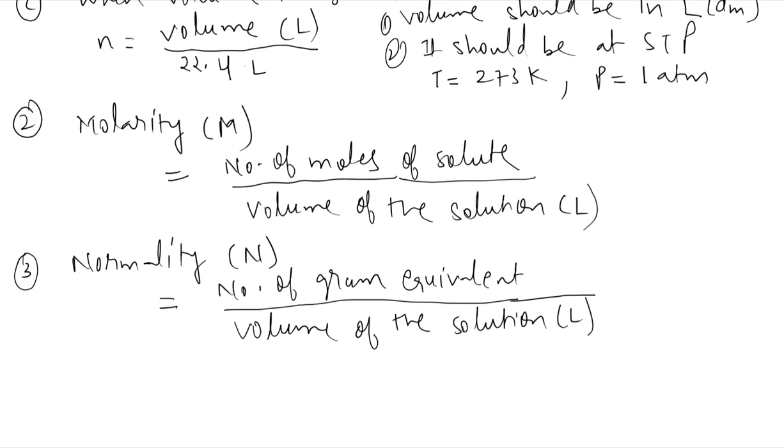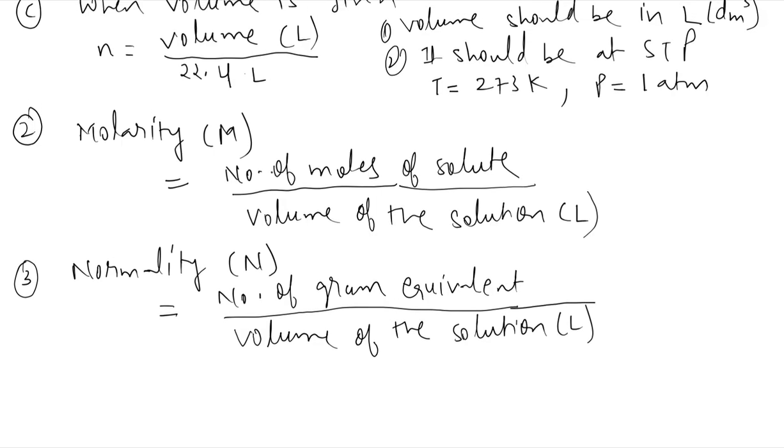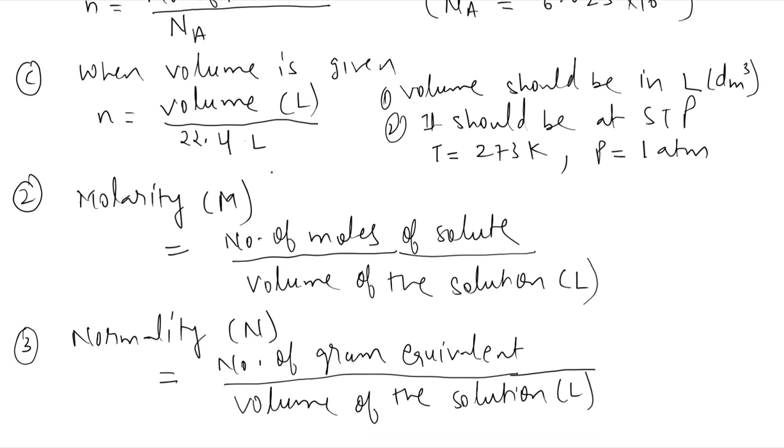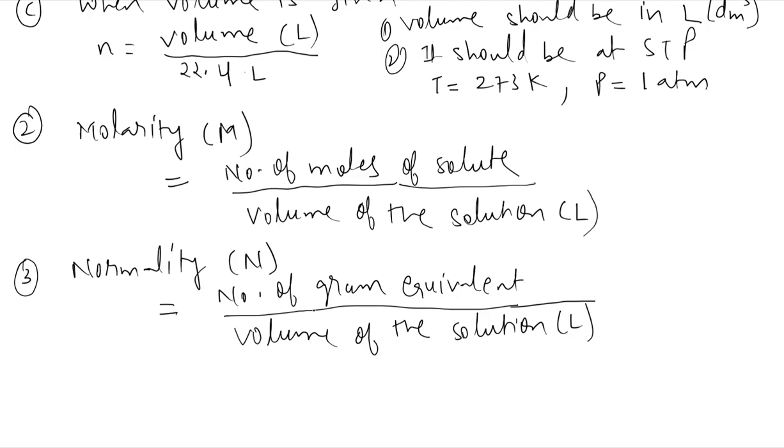So how to calculate the number of gram equivalent from number of moles, because till now we have studied only three formulas with the help of which we can calculate the number of moles. But what about the number of gram equivalent? We have a relation between the number of moles and the gram equivalent.